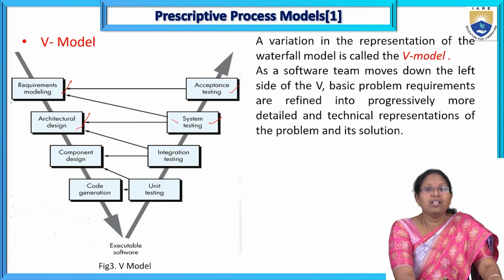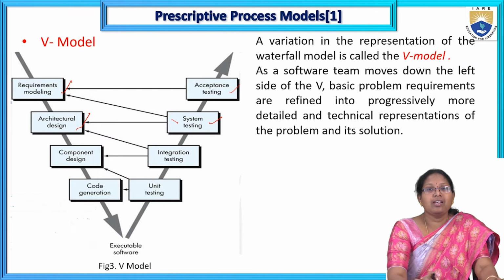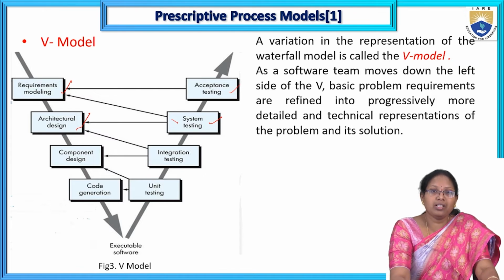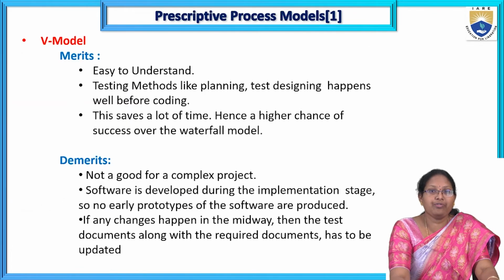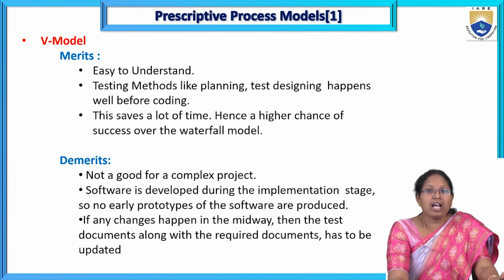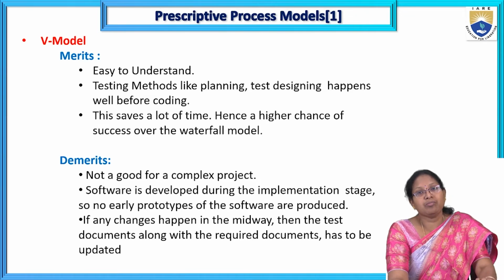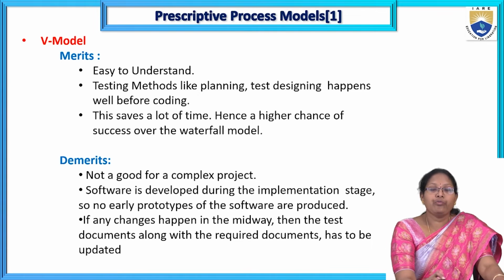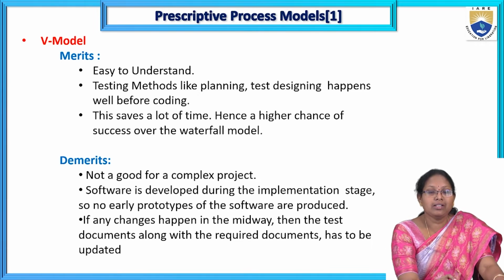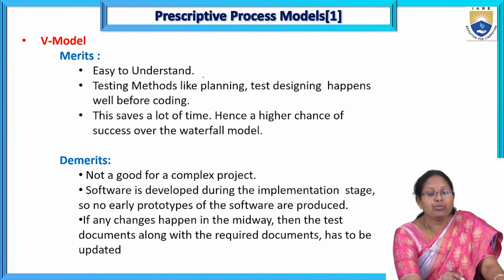So here, in each and every phase the validation process is completed, then go for the next phase, like that. As said earlier, any software process model contains merits as well as demerits. The merits of the V model: it is very easy to understand.